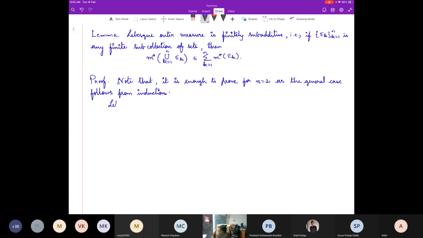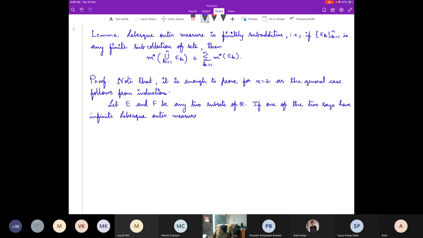So let E and F be any two subsets of R. If one of the two sets has infinite Lebesgue outer measure, then we are done.